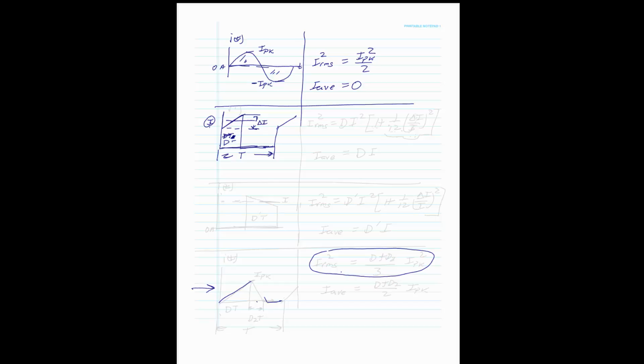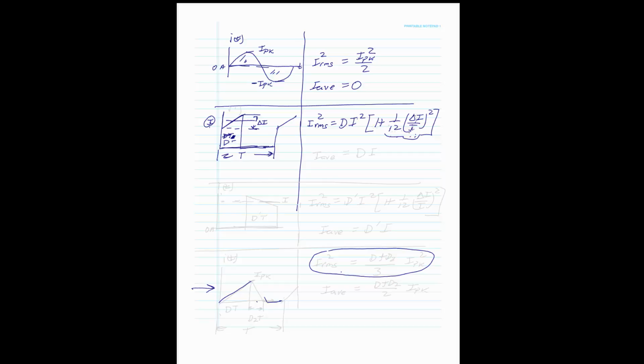So when we calculate it, we'll find the RMS current squared is equal to D I squared times this nice little thing of 1 over 12 delta I over I squared. Now, this term, you'll see when I derive it comes out. A lot of times you can ignore this term, and it would just become DI squared, like we found before.